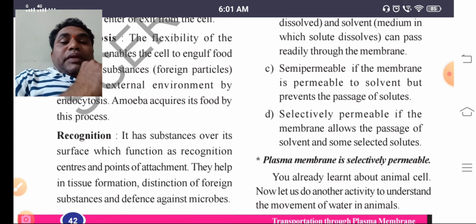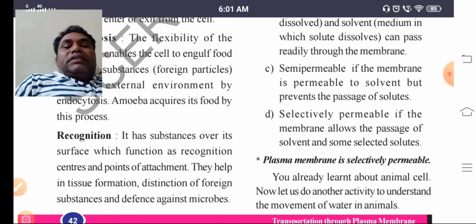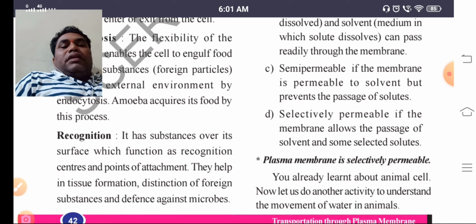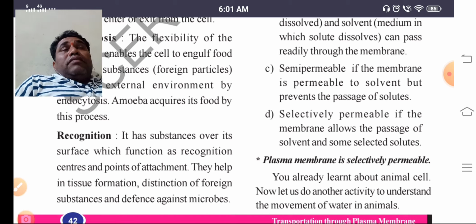They help in tissue formation, distinction of foreign substances, and defense against microbes. Whatever foreign or waste material is present, it can recognize and kill it. Whatever harmful microbes enter, the plasma membrane recognizes and kills them and protects against the microbes.